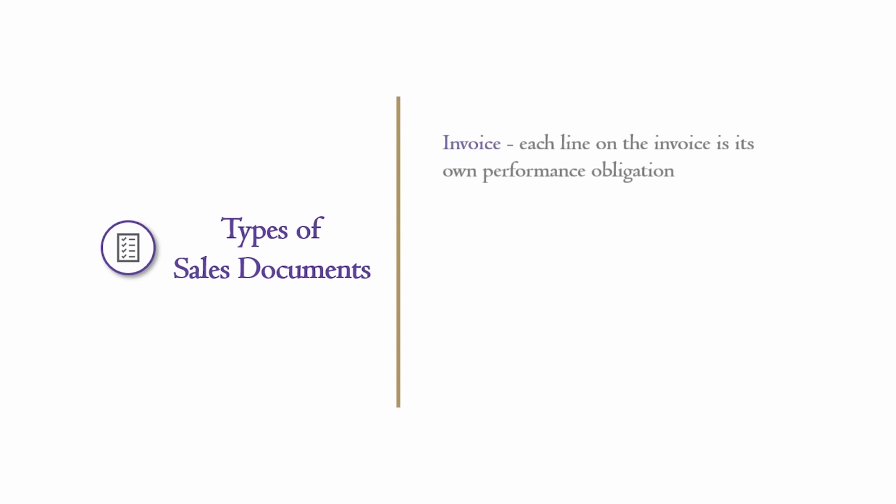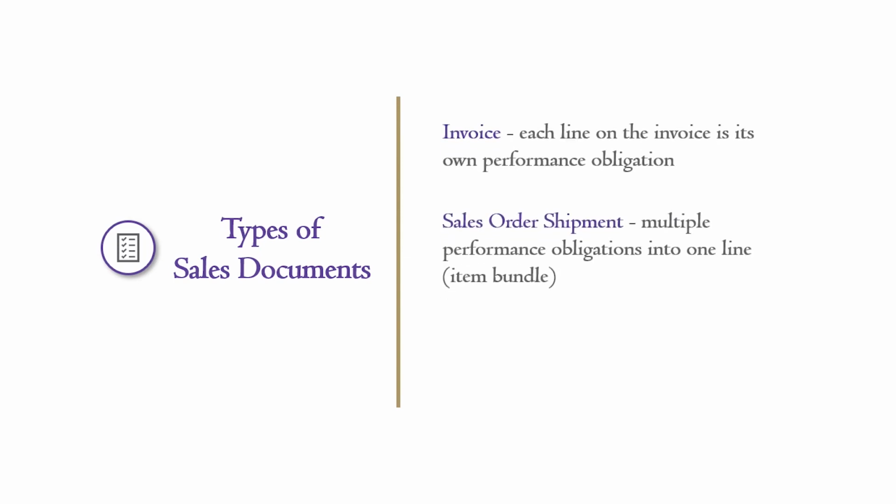So we start with a sales document, and a very simple example of that would be just a regular invoice to a customer, where each line on the invoice is its own performance obligation, and the amount of revenue billed for each line is the appropriate amount to be allocated for that performance obligation, that line.